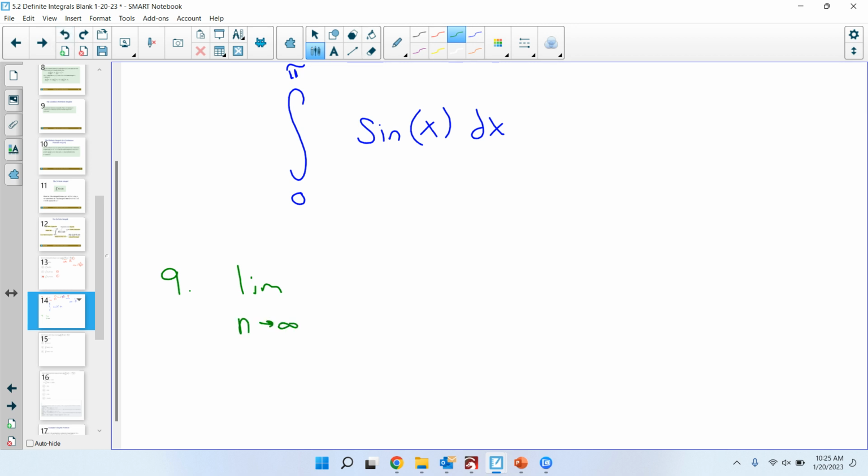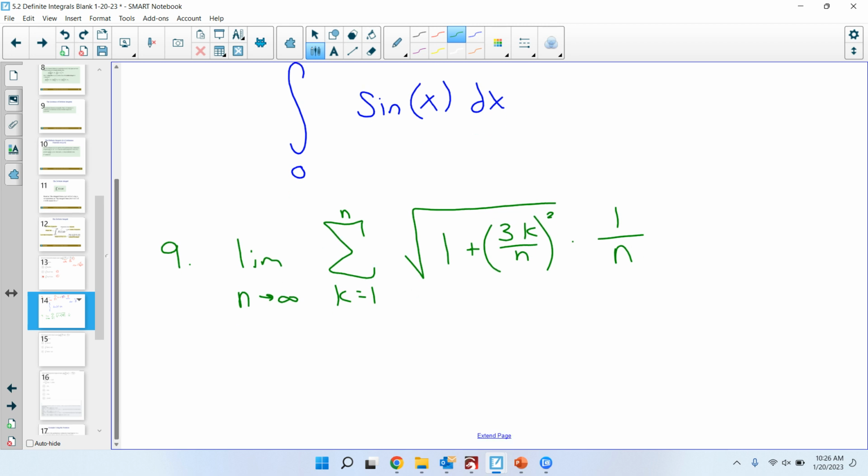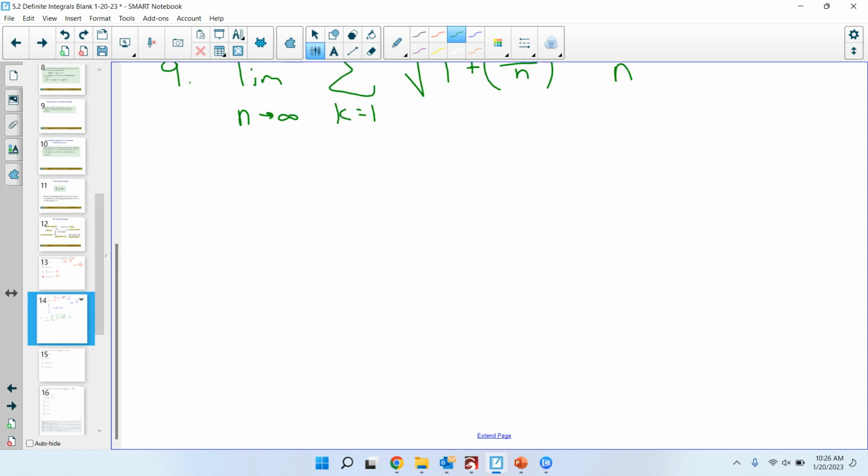Okay, equals 1, squared, times 1 over n. All right. Correct answer?